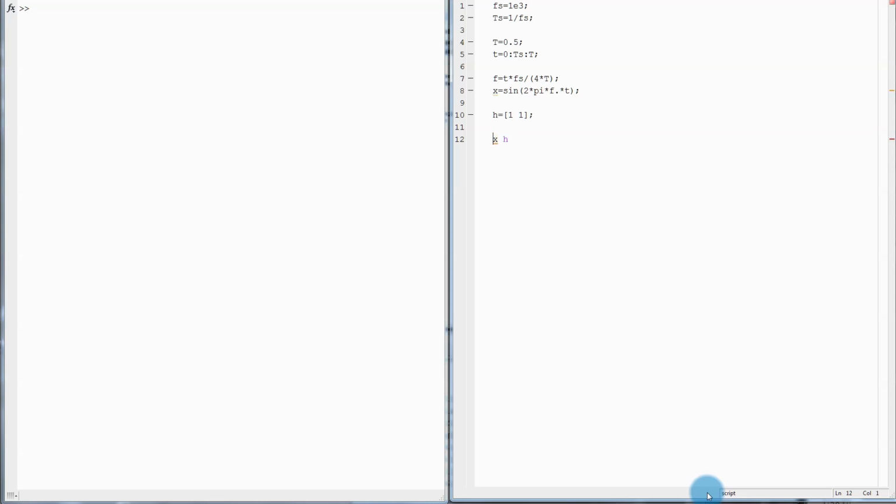In MATLAB, the convolution is computed like this. And this will give me my filtered signal. So let's take a look at it. I will first plot my original signal, and then I will plot the filtered signal.